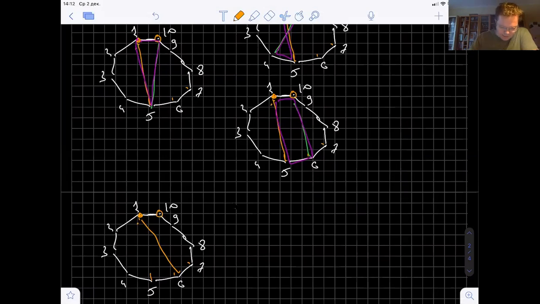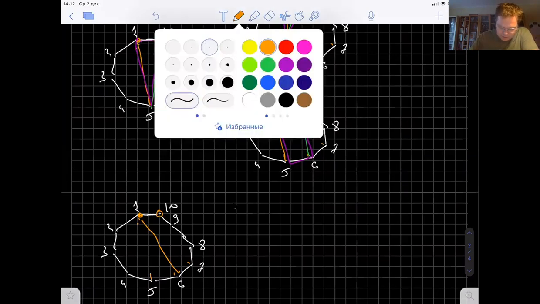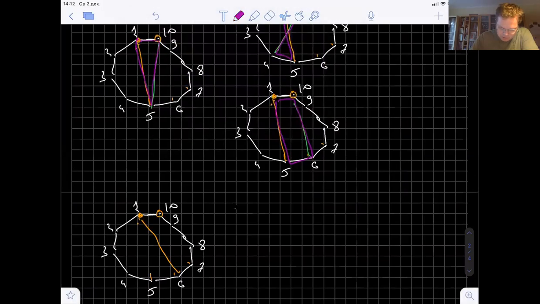Again, we can just look at it. 1 is connected with 4, 5, 6, and 7, and 10 is connected with 2, 5, 6. So 10 cannot be connected like this: here we have a triangle, and here we have a cycle of length 4. So the unique possible solution here is that 10 is connected to 4.